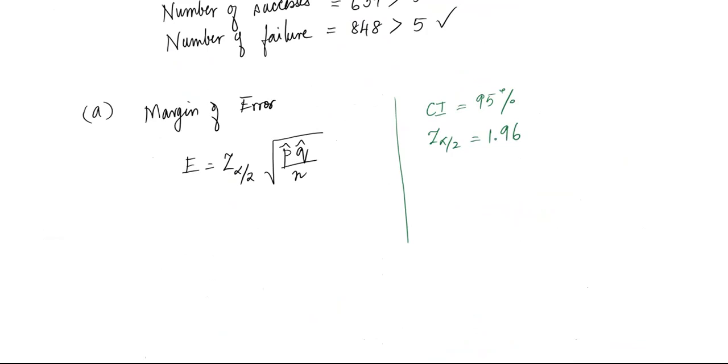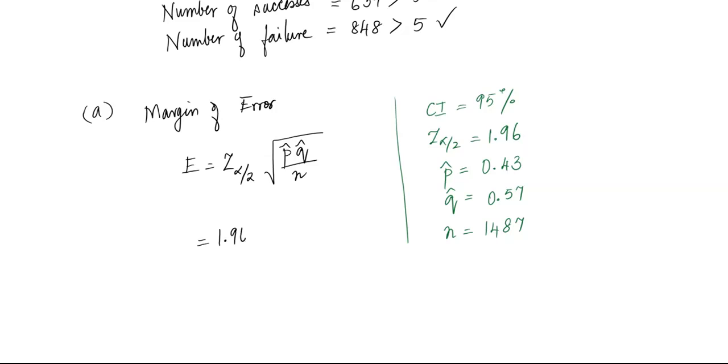1.96. For p hat, we want to use the decimal because that was given in the problem, so it's easier to keep it that way. The q hat will be 57%, which is 0.57. And then we need n to plug in the formula, which is 1487. Plug those all in.